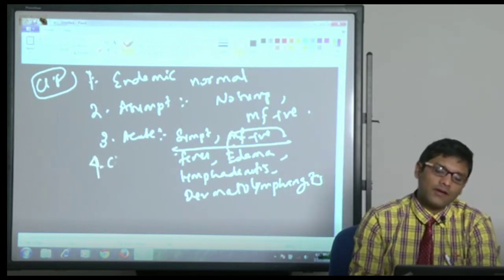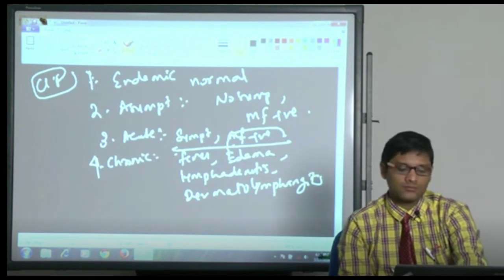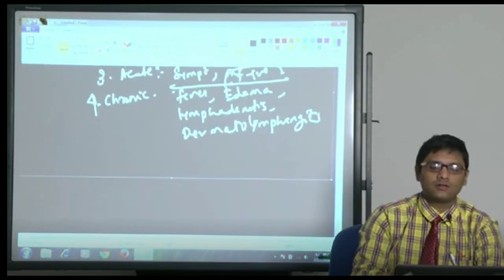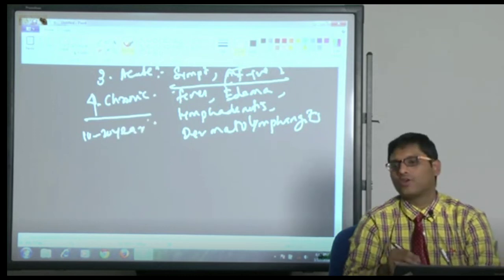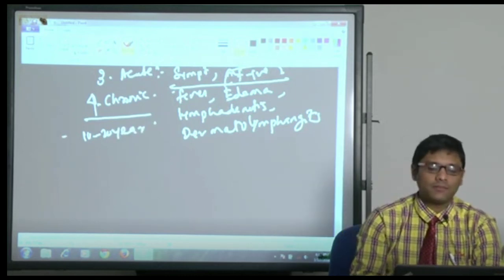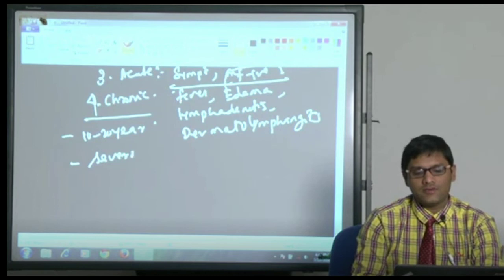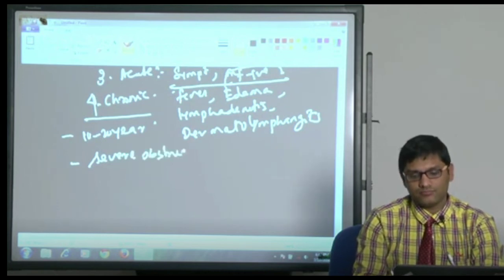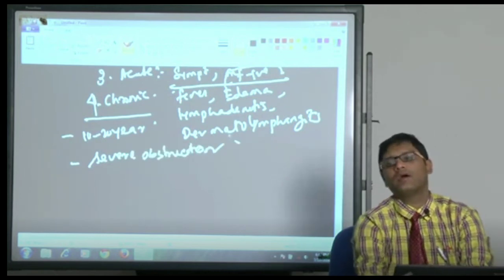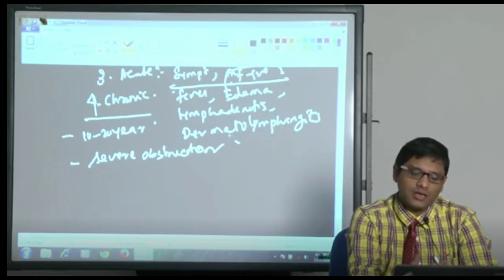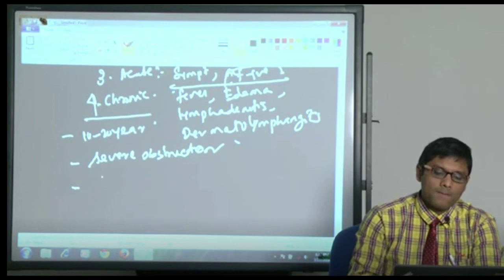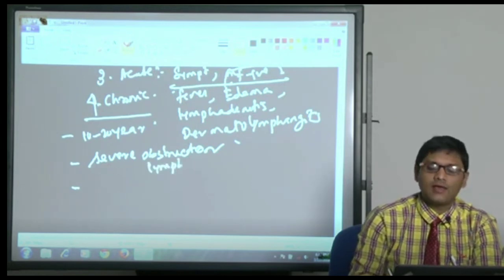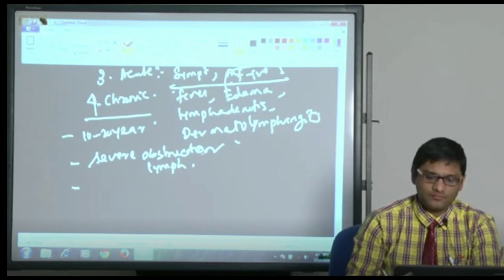Followed by chronic filariasis. Chronic filariasis occurs long after, they say 10 to 20 years after the acute filariasis, and here the pathogenesis is due to severe obstruction. The lymphatic vessels will be seriously obstructed, occluded.